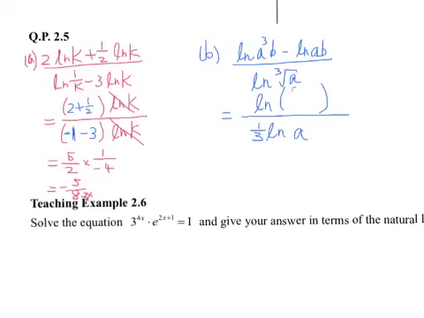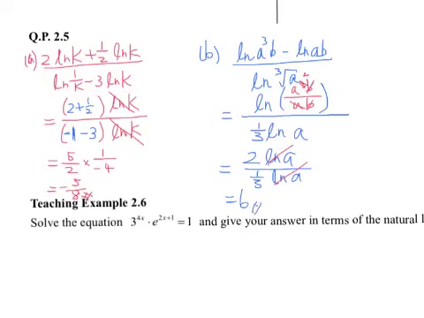And then this part, a cube b over ab, b cancels, and then here only 2 left. So here is 2 ln a divided by 1/3 ln a. Cancel, cancel. And 6.